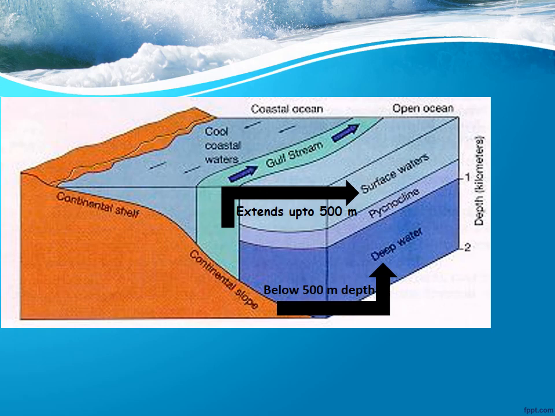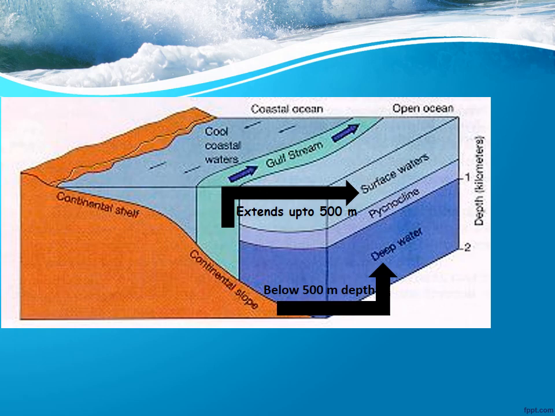We have studied in the previous chapter about the structure of the ocean floor and the extent from the surface of the ocean to the depth of it. The region from sea level to the depth of 500 meters is considered to be the surface water.